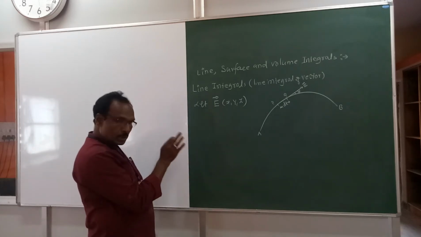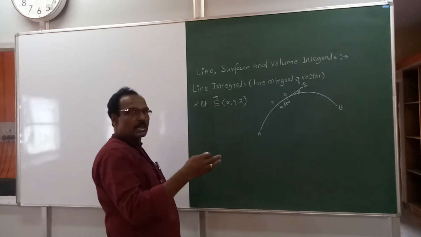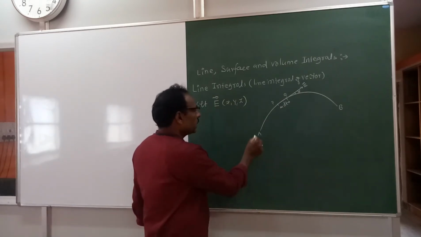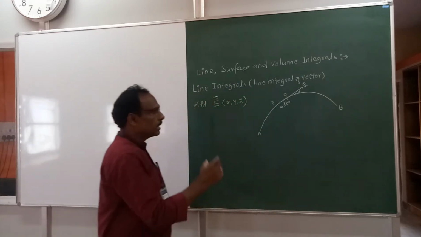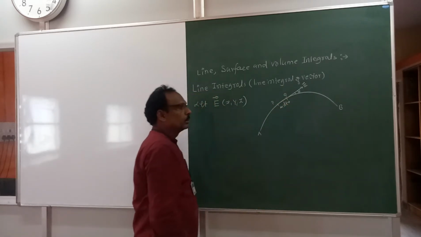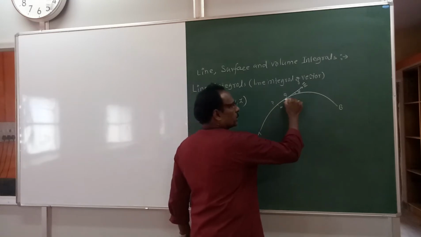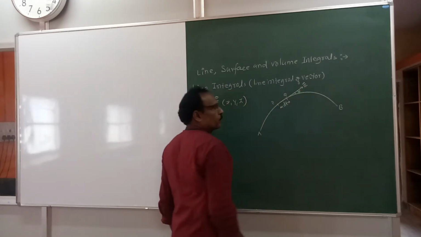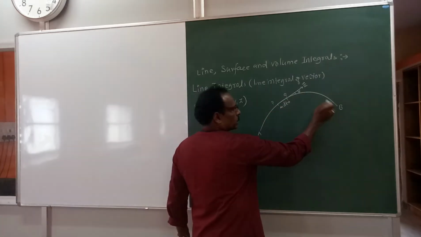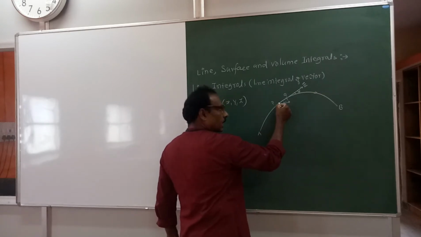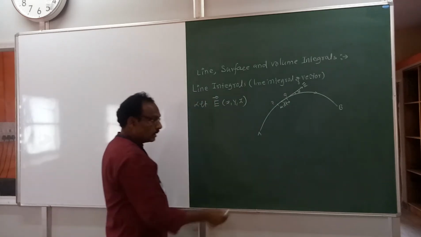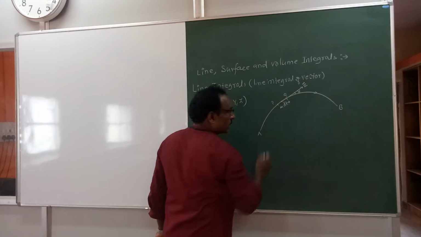We have mentioned that a vector field can be represented by a vector line, meaning a curved line. We have taken a small elementary length dl between P and Q, and we have drawn a tangent which indicates the direction of the electric field. In a vector field, E is the vector represented by this curved line, and at this point this vector is acting in this direction and makes an angle theta here.